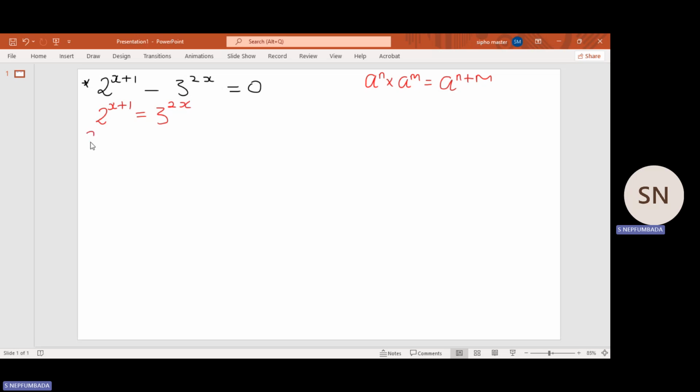Then we can write this as 2 to the exponent of x multiplied by 2 to the exponent of 1, equals 3 to the exponent of 2x.